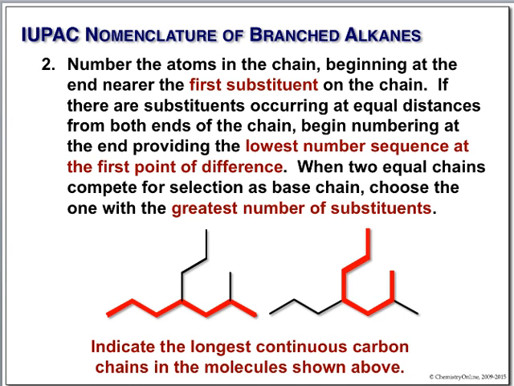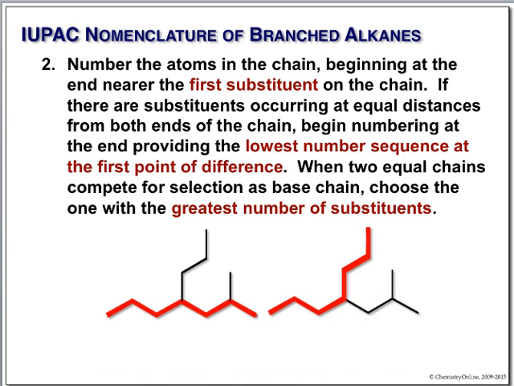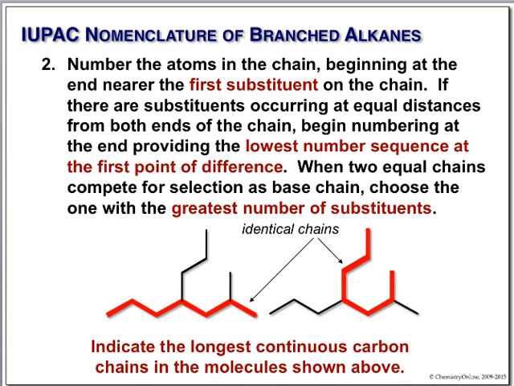All right, numbering. We want to number this guy so that we get our lowest number sequence. These, I hope you've noticed, are identical, aren't they? These two are identical compounds.